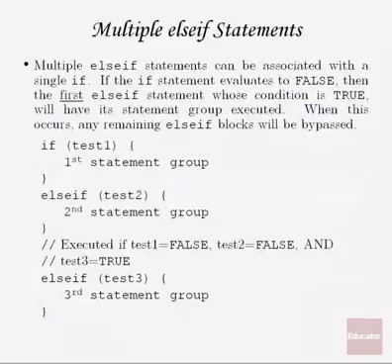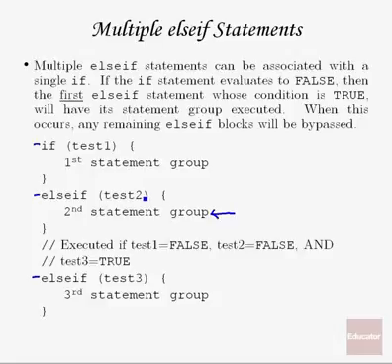Now one of the nice things you can do with else if statements is chain multiple else if statements together, as often as you need. In this case, we have an if statement with two else if statements appended to it, and the same rules apply as we just talked about. For example, this statement group only gets executed if test 1 is false and test 2 is true.